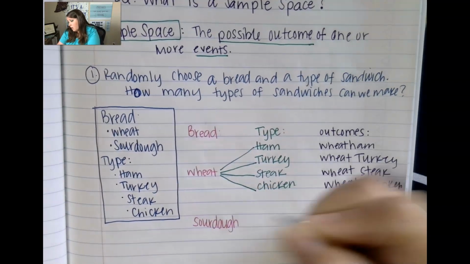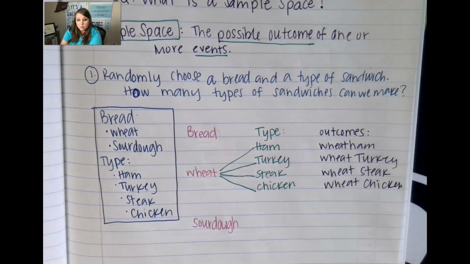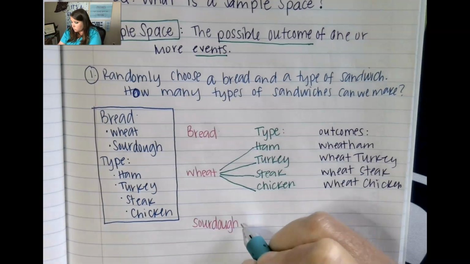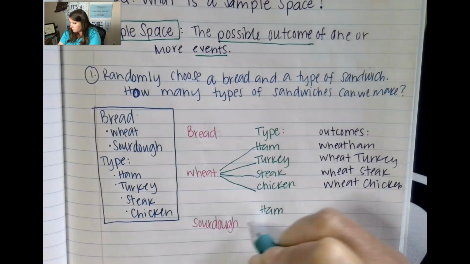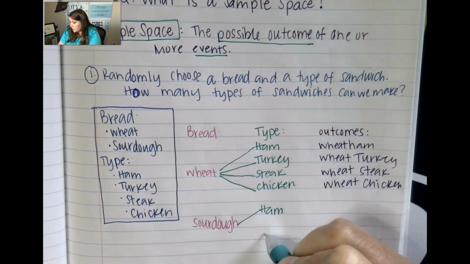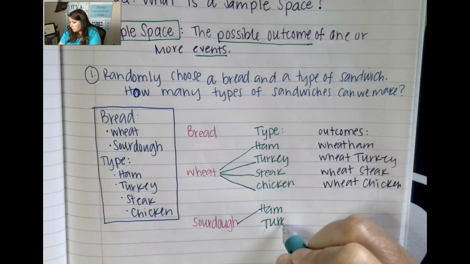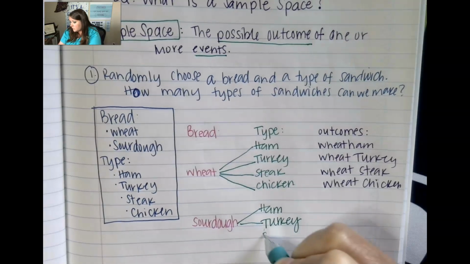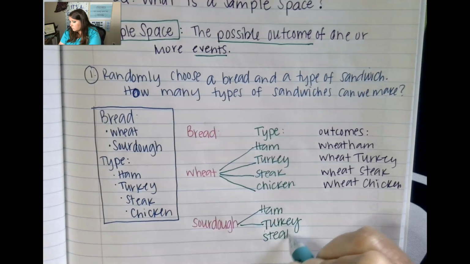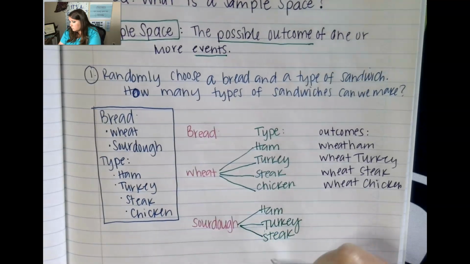And if we put what we can put on the sourdough, the type of sandwich we could put on there is ham. We could have turkey. We could have steak. And again, we can have chicken.